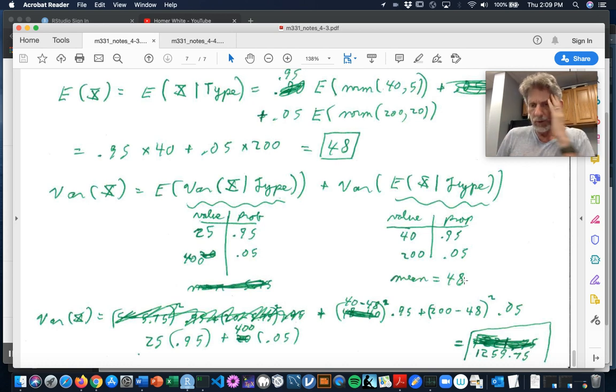Its square root would be, I don't know, more than 30, less than 40, let's say about 35. This is like saying that the typical height of a Shire person is 48 inches, give or take 35 inches or so, which sounds kind of ridiculous. And it is, because this mixed distribution is not bell-shaped.